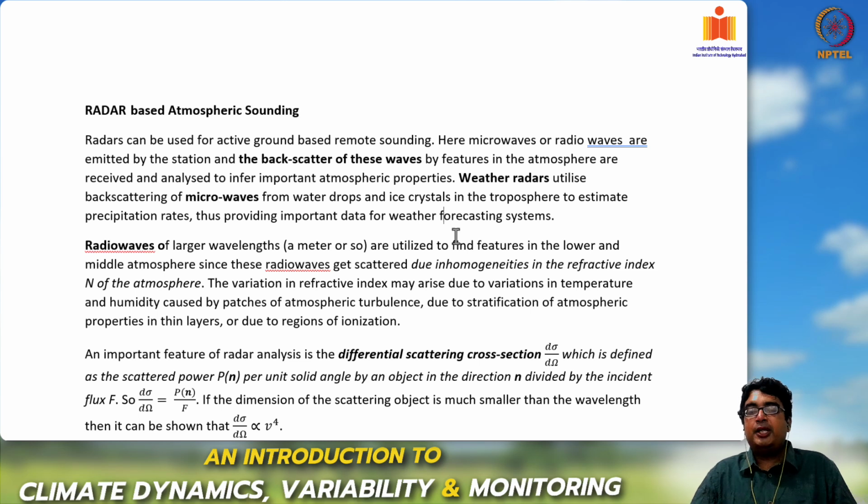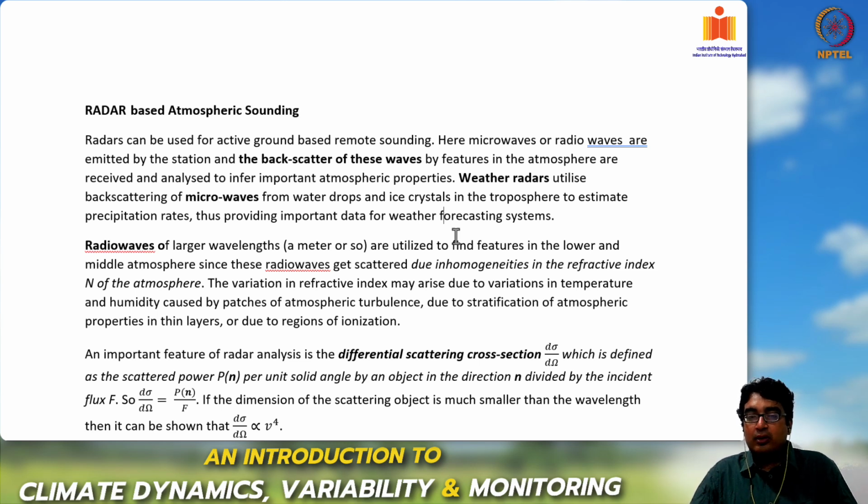A different application of radar that we will discuss more here is using radio waves, which have reasonably large wavelengths, a meter or so, emitted by weather radar stations to find features in the lower and middle atmosphere.